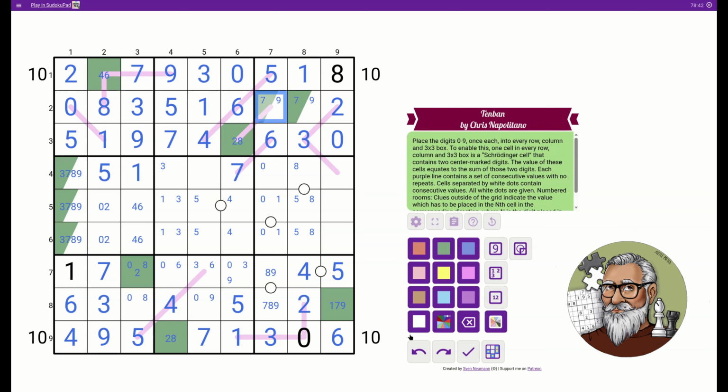I'm missing something. No, all of that is wrong. This isn't 7 or 9 still, but what am I missing? A 4, of course. Right, so this is 2 or 4.